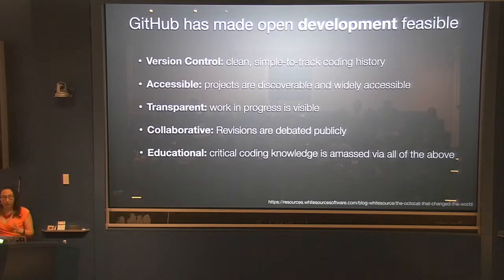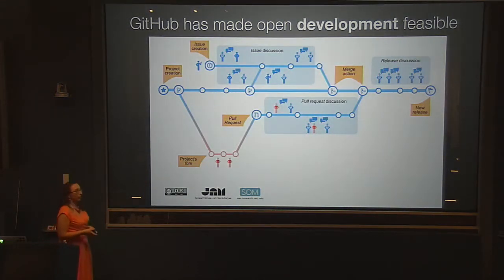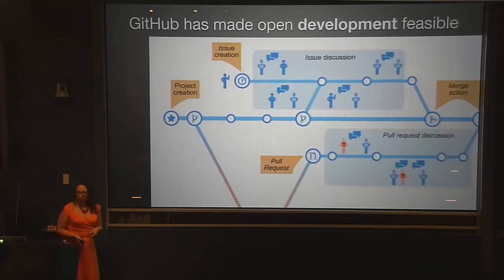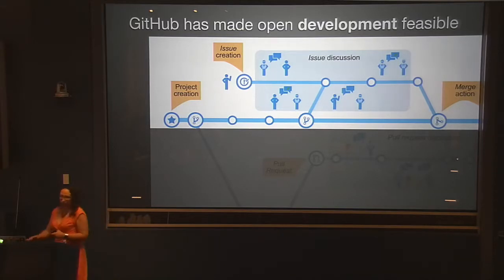Because GitHub is the thing which has really made open development possible, I want to spend a little bit of time talking about the GitHub development workflow. And so here's a beautiful infographic, which I'm going to try to go through one bit at a time. We can imagine that there is a team of people, who I think in this case are wearing the shirts in the infographic, the origination team.